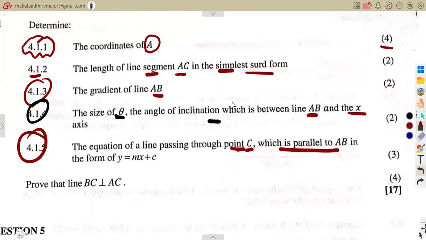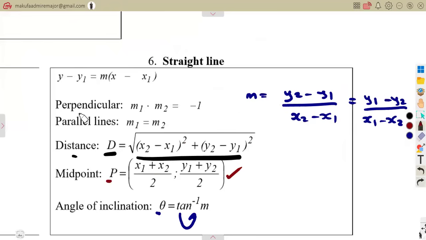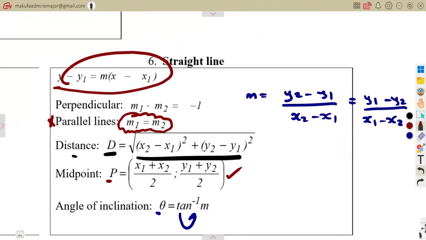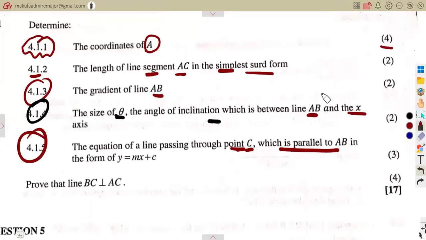We need the equation, but there is something about parallel lines. What is it? Their gradients must be equal. The gradient of the first line is equal to the gradient of the second line. That is for parallel lines. You can use y is equal to mx plus c directly.